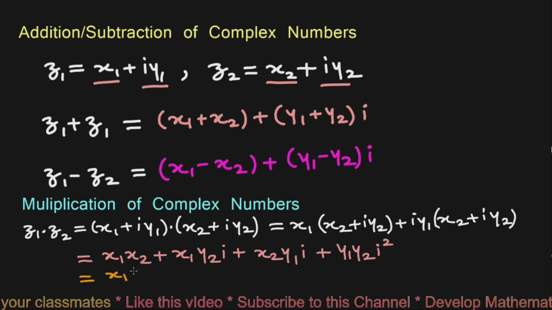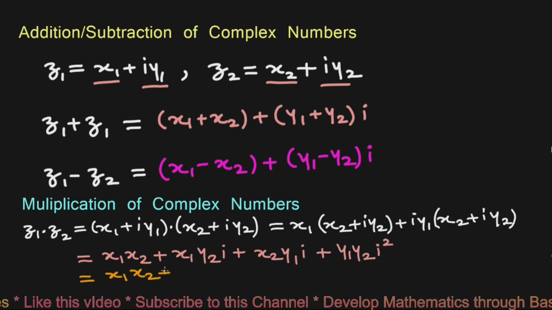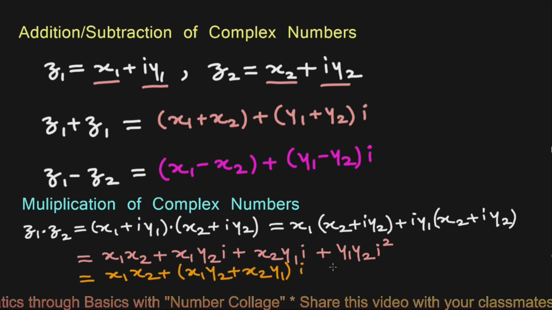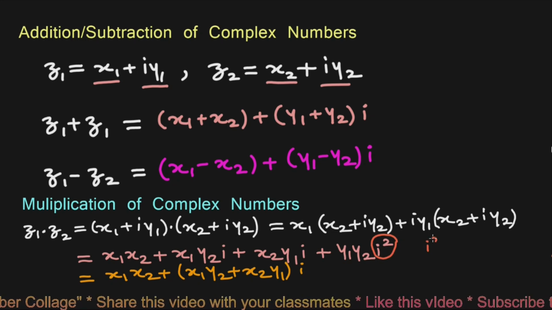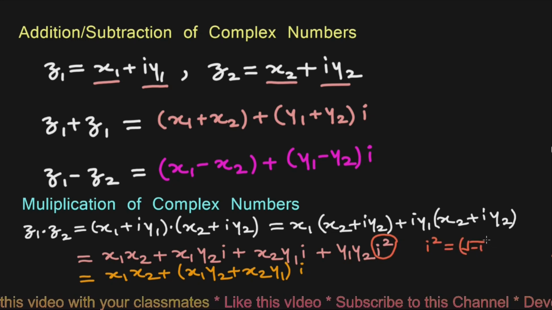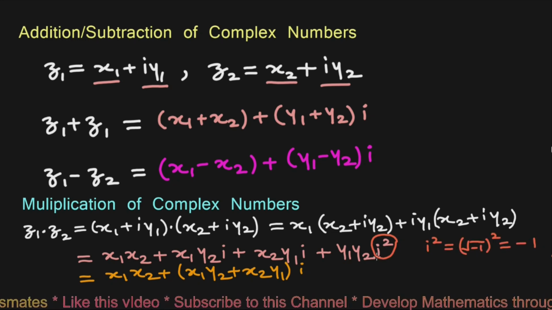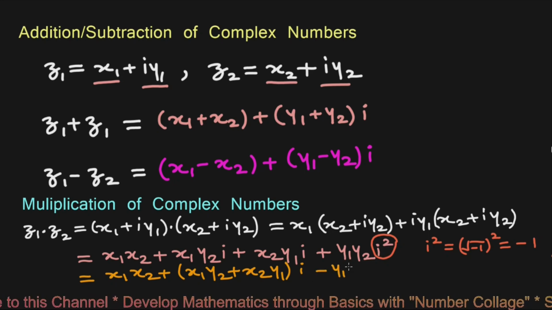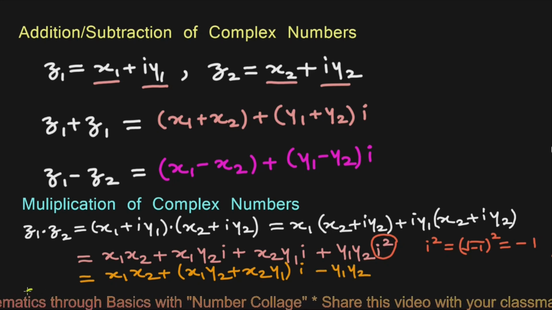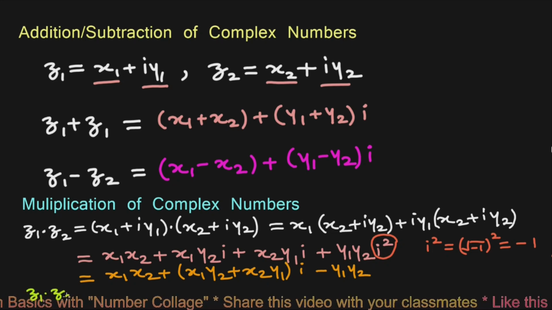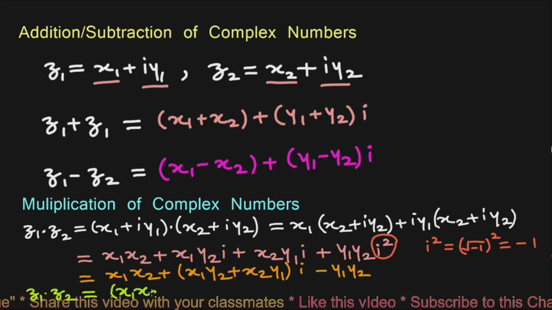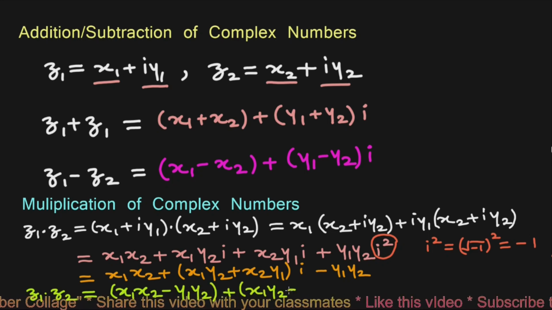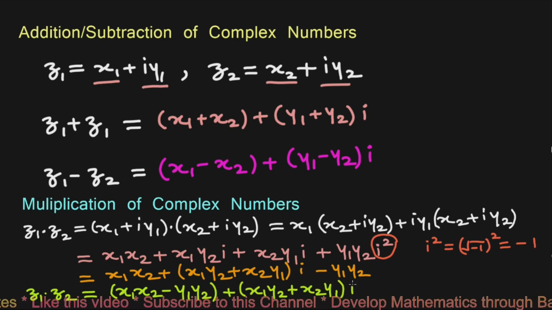This will be x1 x2 plus (x1 y2 plus x2 y1) into i. Here this i square will be root minus 1 square, that will be minus 1. So using minus 1 for i square, here it will be minus y1 y2. So finally we get z1 z2 equals (x1 x2 minus y1 y2) plus (x1 y2 plus x2 y1) into i.